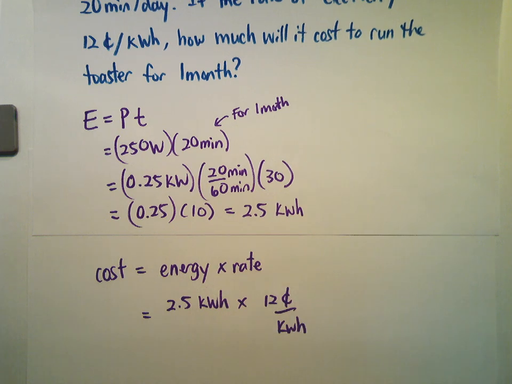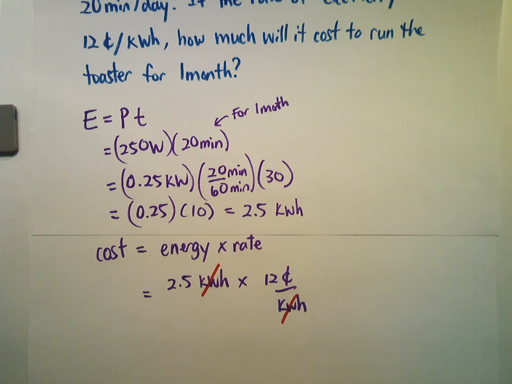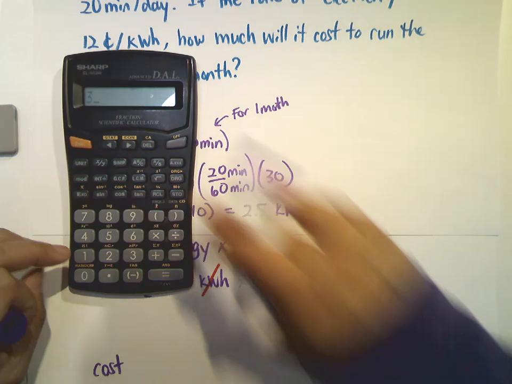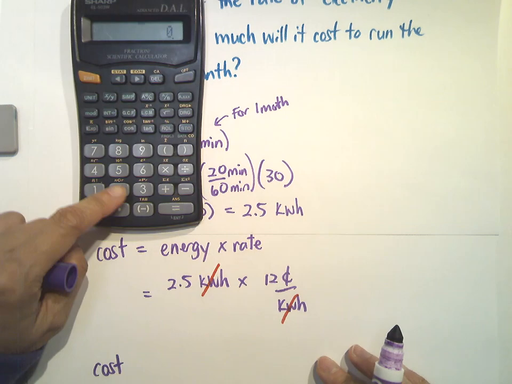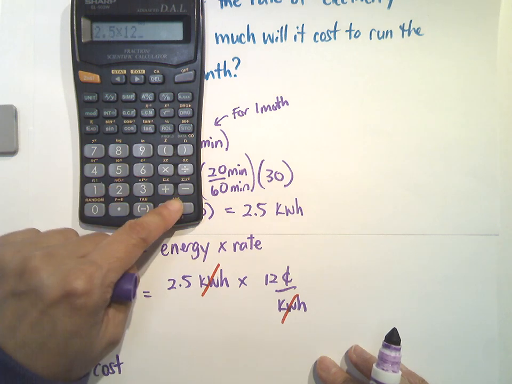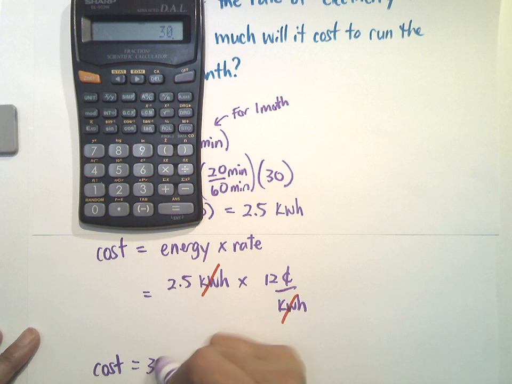You'll notice that the kilowatt hours cancel out, and then you get your cost. It's going to be 2.5 times 12 cents, and that's going to be 30 cents a month.